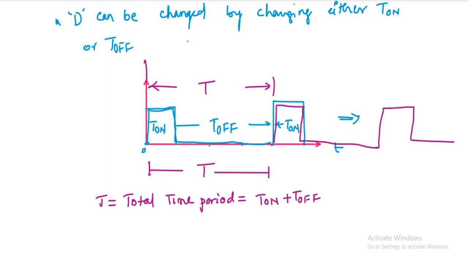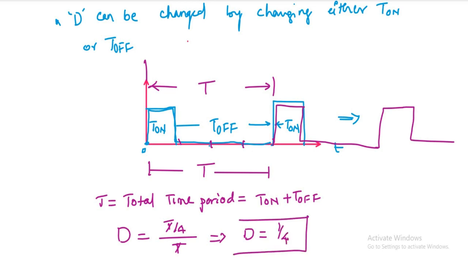If we find the duty ratio for this waveform, dividing this time period into 4 parts, T on is nothing but T by 4, where the total time period is T. So the duty ratio for this waveform, we can cancel out T and T, and the D value can be written as 1 by 4. By keeping the T on for 1 period and the T off for 3 periods, we get the duty ratio as 1 by 4.